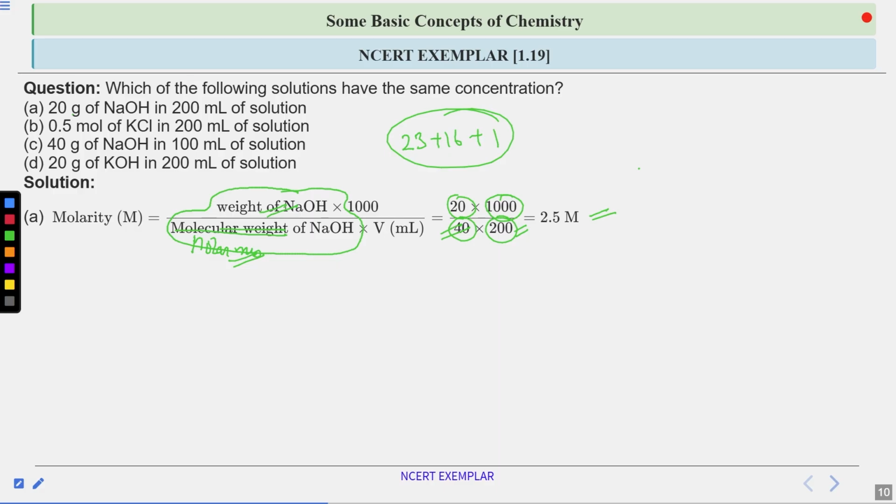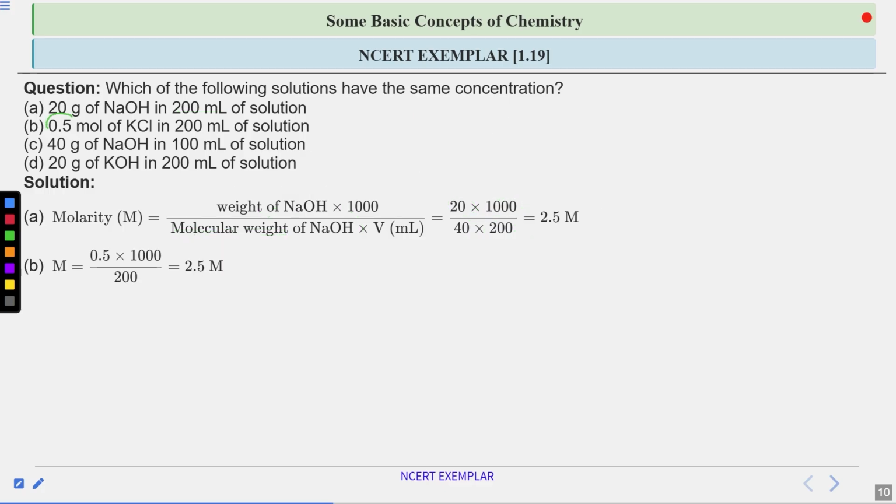Now put these values here. Volume is given as 200 ml. If you look at the definition of molarity, it says number of moles per liter of the solution. So we have to convert this milliliter into liter. Since volume is given, molarity is the only option that we can go for. If you do this calculation, it is 2.5 M. Got it? Now, moving on to the second calculation.